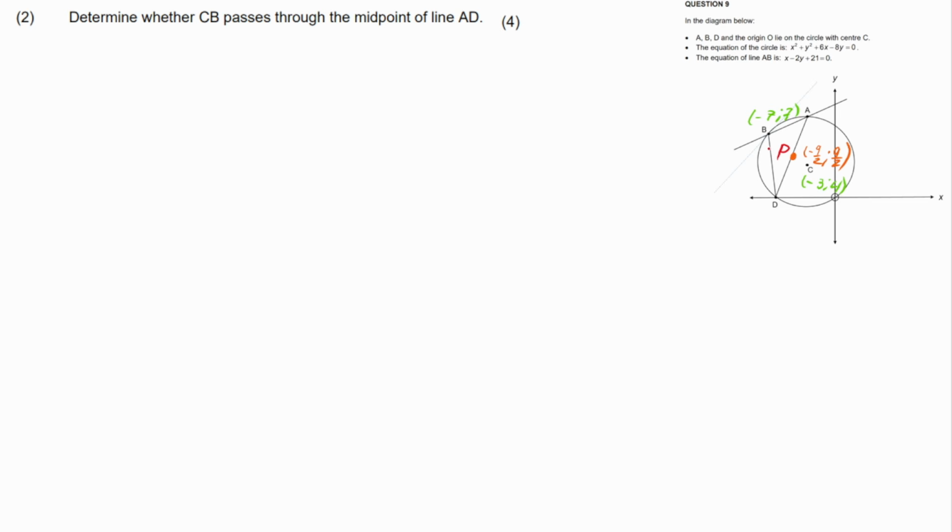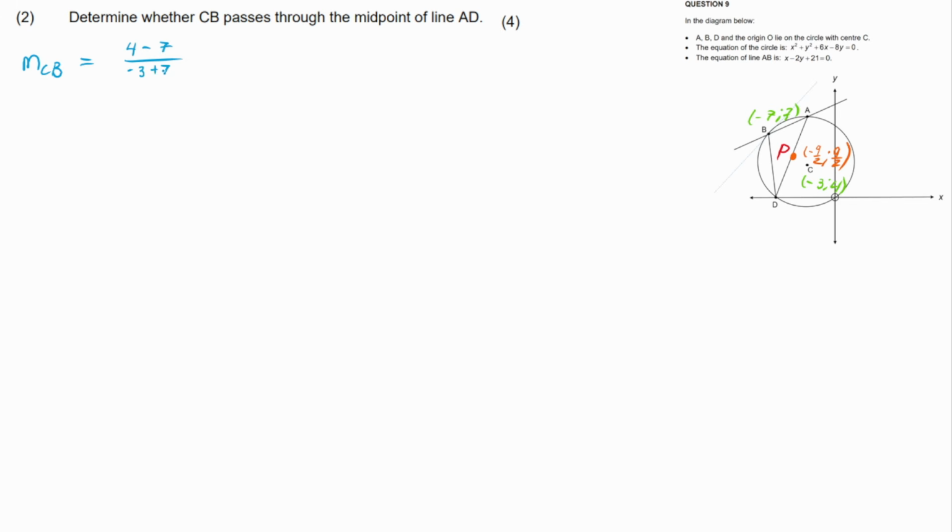To do that, we first need to check the gradient of CB. So we go all the long distance, from C to B. We need to check the gradient. So the gradient of CB, if we do this, we're going to be getting 4 minus 7 over minus 3 minus negative 7.